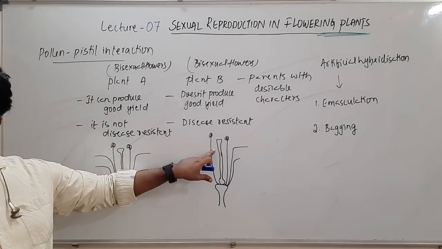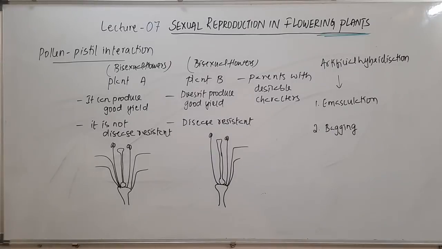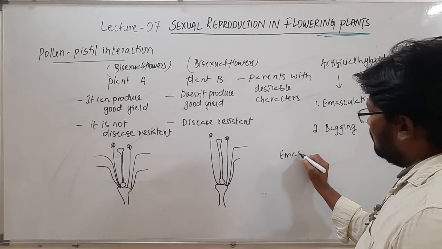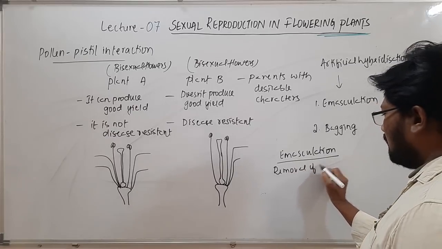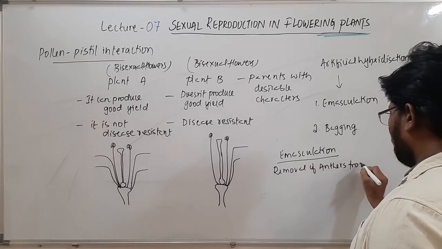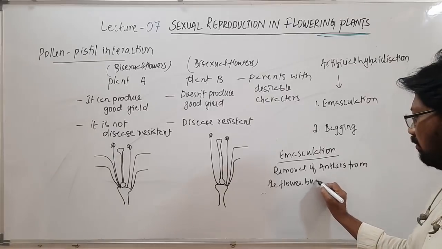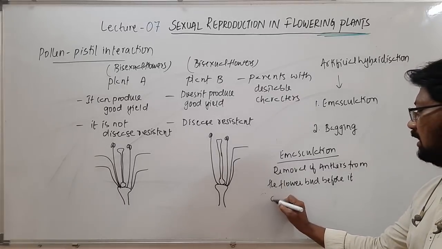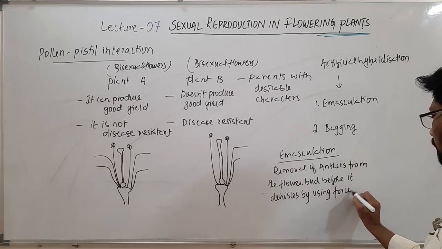Now to perform this, we have to do two things: emasculation and bagging. Let's see what this emasculation process is. Emasculation is the removal of anthers from the flower bud before it dehisces, by using forceps.